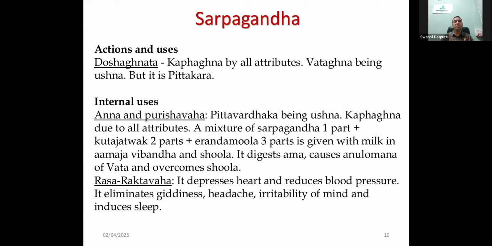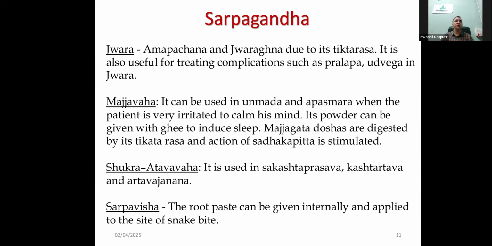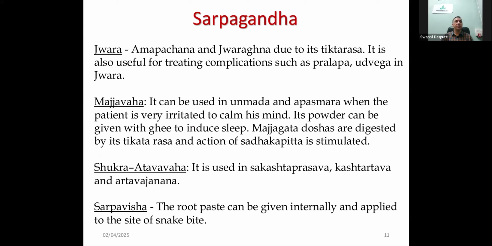Hence, it is an ingredient in a lot of combinations mentioned in the classical textbooks, and with experience also. A lot of doctors use sarpagandha as one of the ingredients in their combinations, which they use for reducing the blood pressure. So sarpagandha is one of the key ingredients in those combinations which are used.